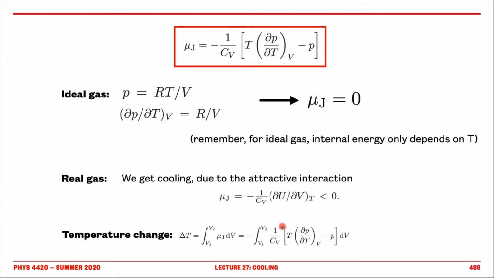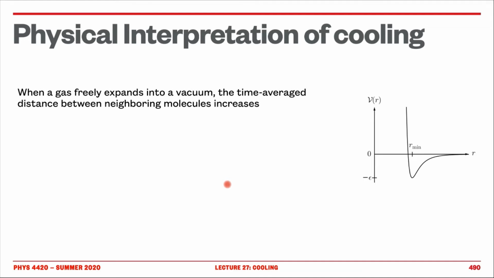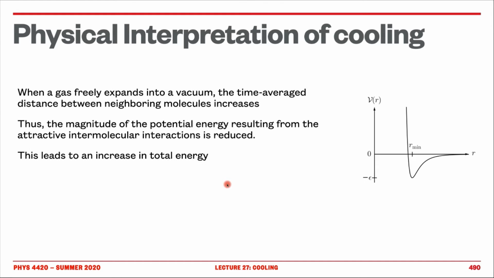And we can also calculate the change in temperature, of course, by simple integration. So let's go back a little bit now. Instead of using the math that we have here, let's go back to the actual experiment that we do in Joule expansion. The idea is the same as I said before. When you change the volume, the constraint is that the internal energy has to stay the same, just because there is no heat that comes in and out and no work performed.